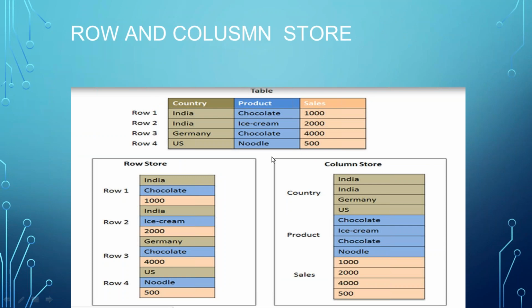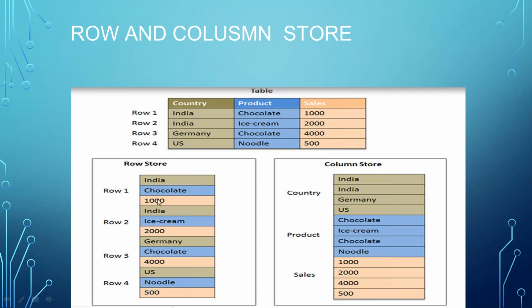The representation of the table and the representation of the data is the same only. We don't find any difference. But in a row store, when you're trying to store the data, for example, I have country, product and sales. Now country, then product and sales. This is the first row. The second row will be in sequence. The idea is it goes sequentially. After that, again, in the hard disk, it will be stored normally like this in an RDBMS.